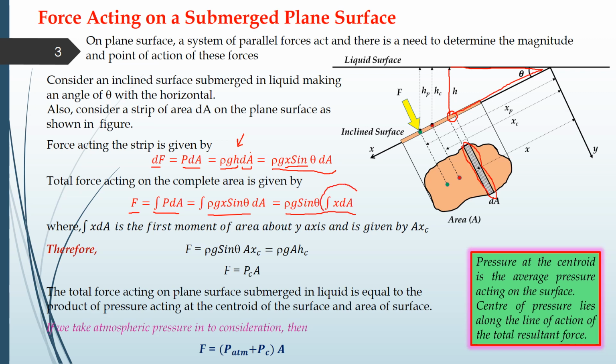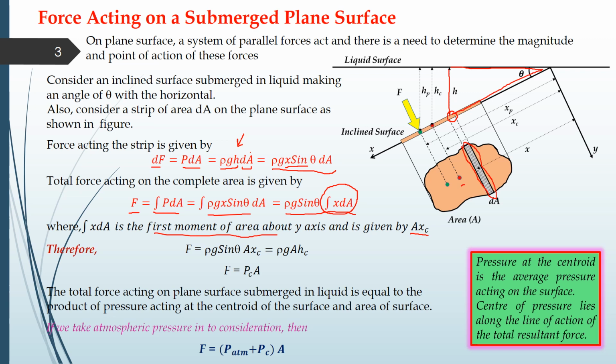We know that x dA is the first moment of area about the y-axis, and it is also given by A into xc, where A is the area of this surface and xc is the distance from the y-axis to the centroid.